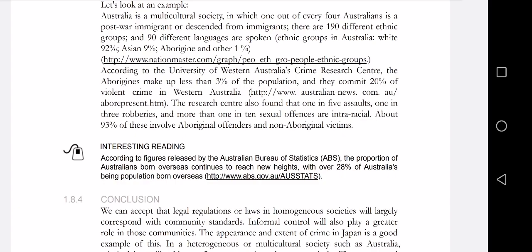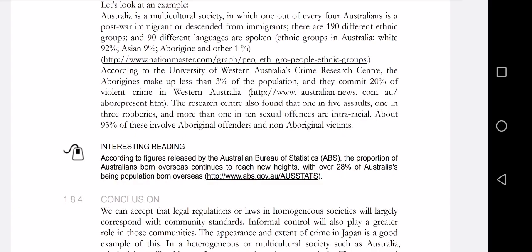There are 190 different ethnic groups and 90 different languages are spoken. Ethnic groups in Australia: whites 92%, Asian 9%, Aborigine and other 1%. Here's a website.